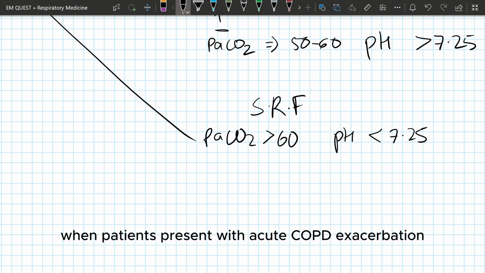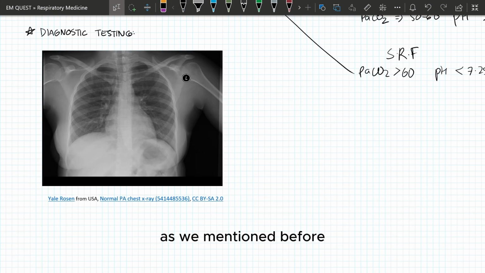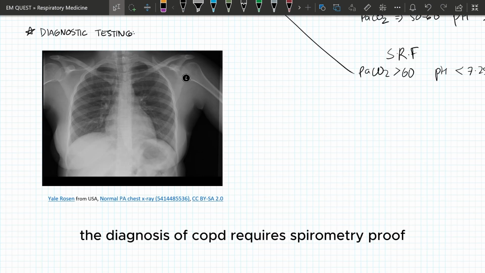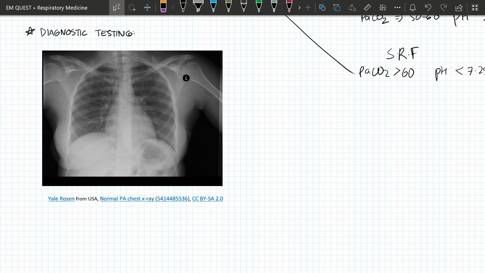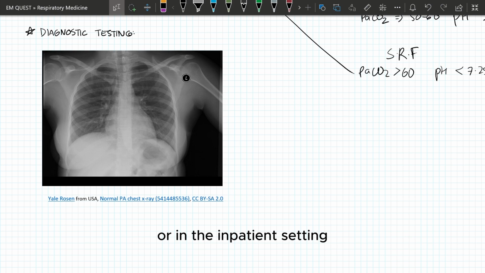When patients present with acute COPD exacerbation, it is important to bear in mind what our differentials would be so we don't get sidetracked. So things like pneumonia, pneumothorax, pulmonary embolism, pleural effusion, and pulmonary edema must be considered. As we mentioned before, the diagnosis of COPD requires spirometry proof, which can mostly be done in the outpatient or inpatient setting.